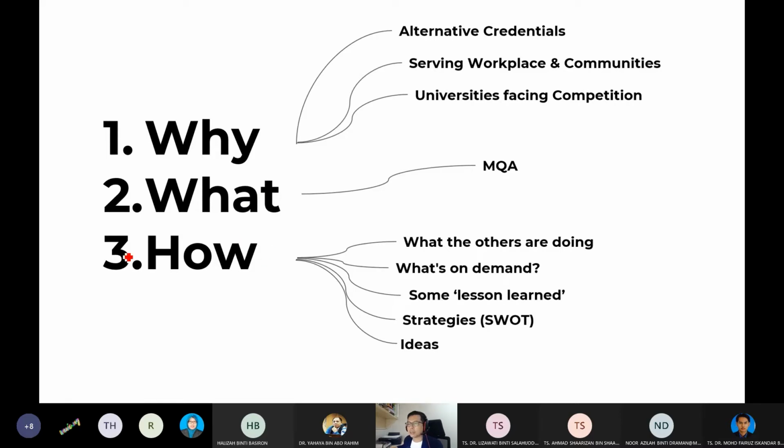Number three is where I would like to share a bit of my analysis working with Kate in UPM, and a bit of my experience on how we should proceed with our effort to make micro-credentials work in our universities.